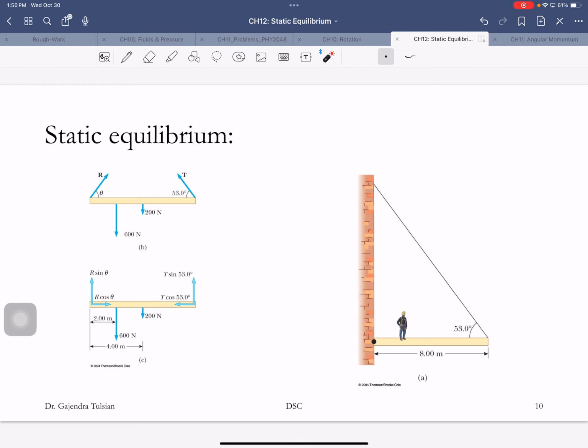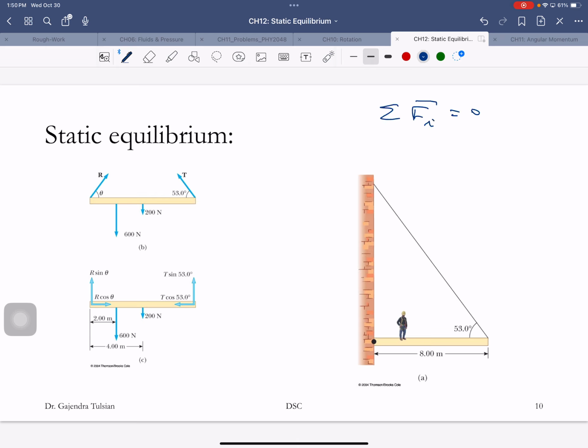What is it that you want? That the scaffold not move, or at least that's what this guy wants. And if this is not to move, what should be true? That the sum of all these forces should be 0.